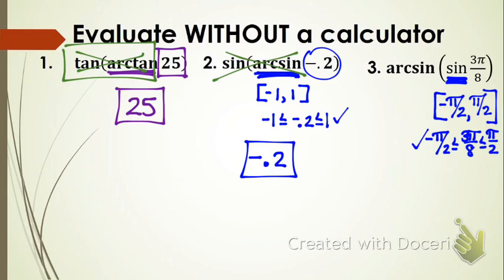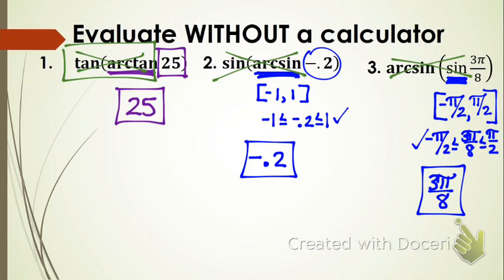I was looking at the 3 there. So sine and arc sine cancel out. The whole thing simplifies to 3 pi over 8. As long as the value that's inside the parentheses meets those restrictions, my inverse functions are going to cancel each other out.